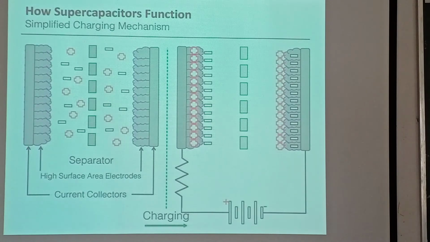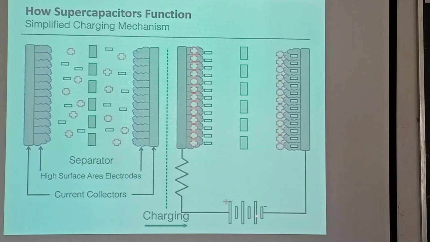So how does a supercapacitor or electric double layer capacitor actually work? This is the pictorial diagram of a supercapacitor not connected to a potential. These are the electrodes. Suppose this one is negative and this one is positive. These are the electrolytes, and this is the separator.